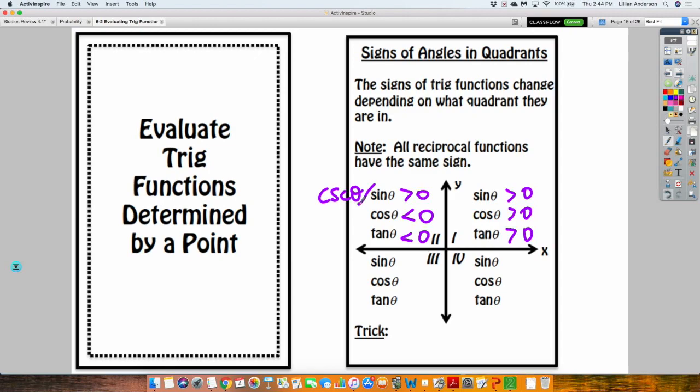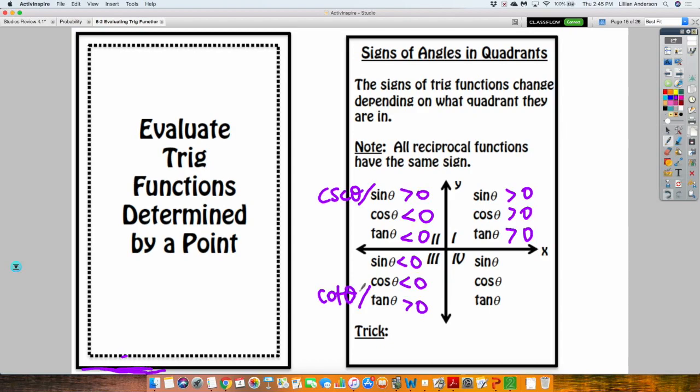In the third quadrant, both x and y are negative, so then that means that sine is going to be negative, cosine is going to be negative, but tangent is the only positive one, because tangent is y over x. So if y is negative and x is negative, a negative divided by a negative is a what? Which means what other reciprocal function is positive?